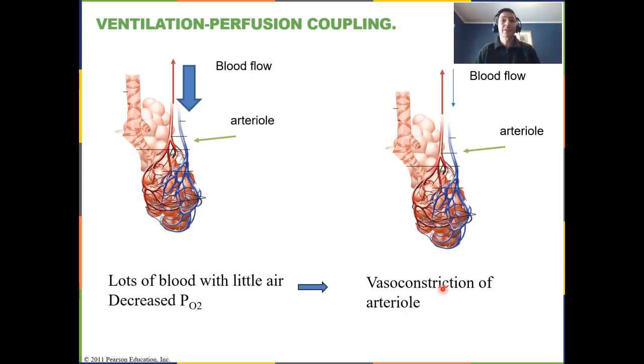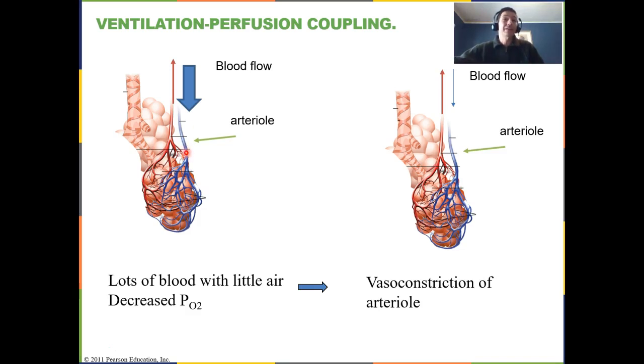So in the first instance here, we have a fair amount of blood, or lots of blood and little air. So there's a mismatch in our ventilation and perfusion ratio, if you will. That means that there is decreased partial pressure due to oxygen in this blood here. So somewhere in this blood vessel is a receptor that can sense how much oxygen is there, or the partial pressure due to oxygen.